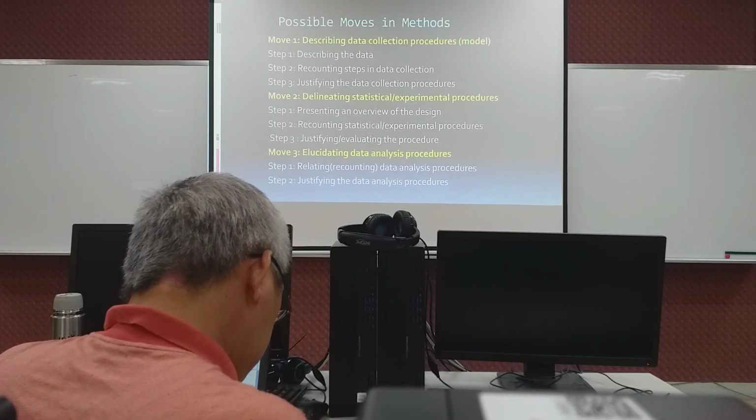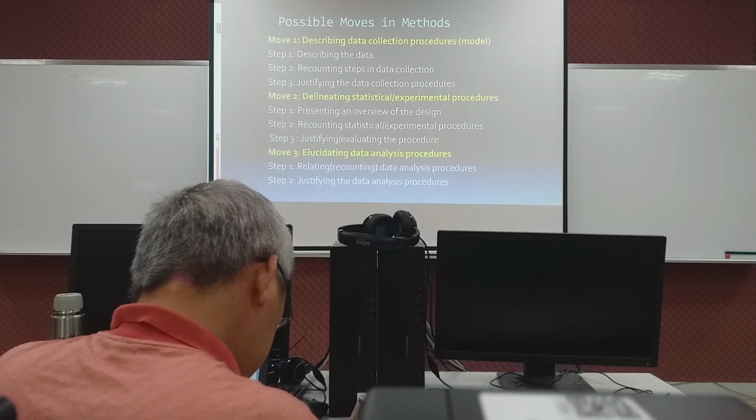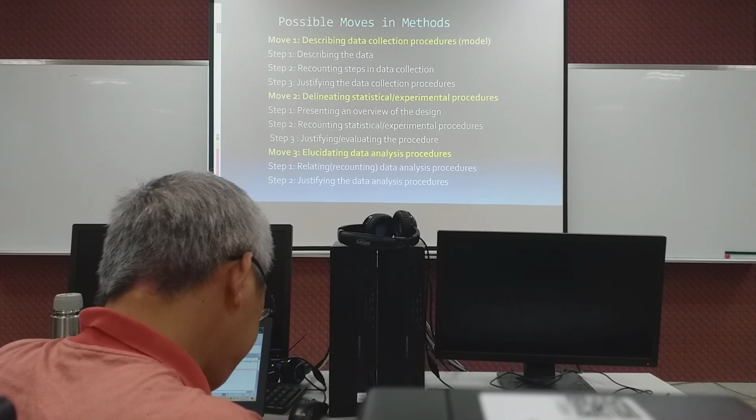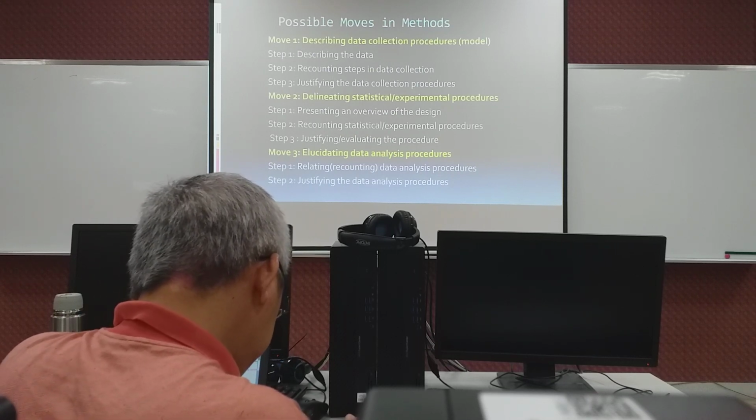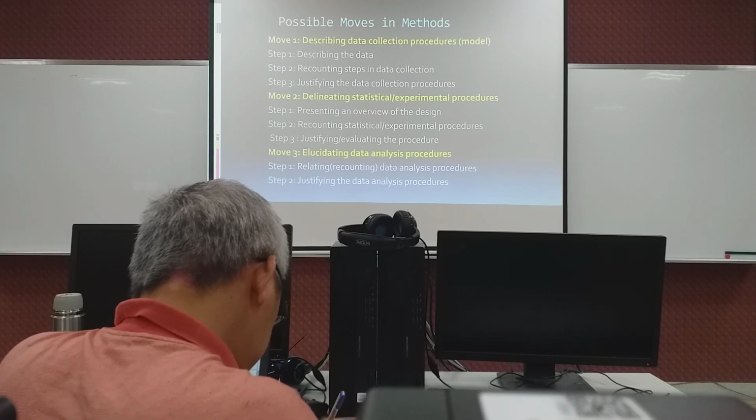So this is a justification why they chose to test the less proficient language first and the more proficient language later. Justify, right? Okay. So again, move 2 step 2 goes from 9 to 11, and sentence number 12 is move 2 step 3.